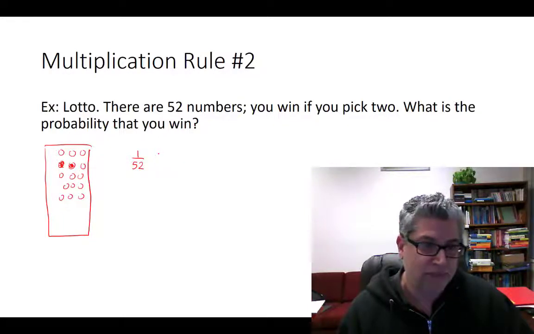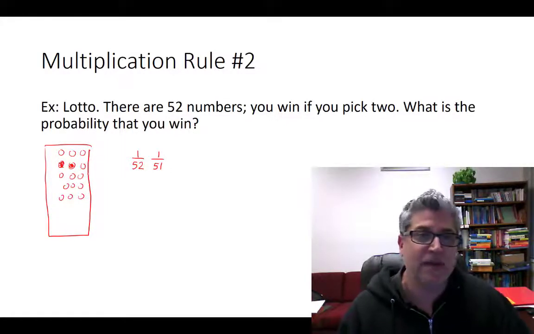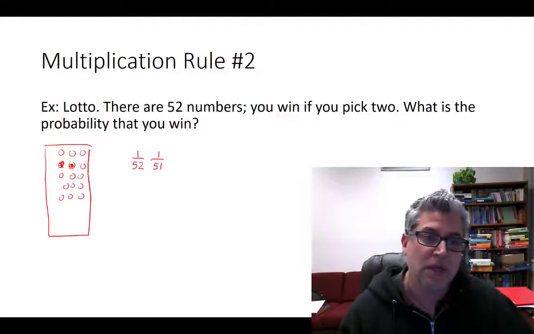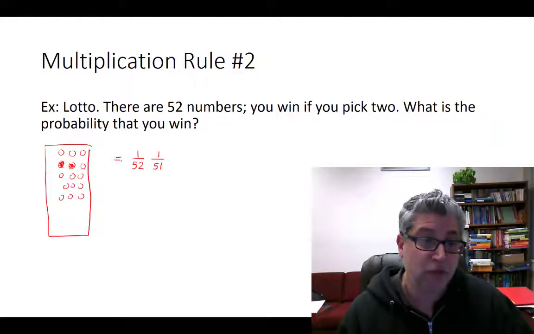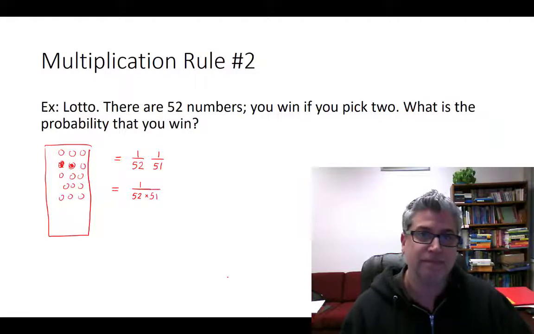Well, I'm still picking 1, but now I'm picking out of 51 remaining because I can't pick the same number twice. So the probability of picking 2 numbers out of 52 correctly is 1 over 52 times 51. Not bad, huh? Kind of fun.